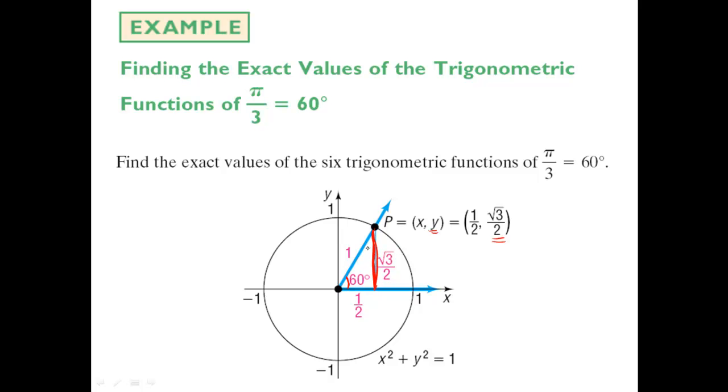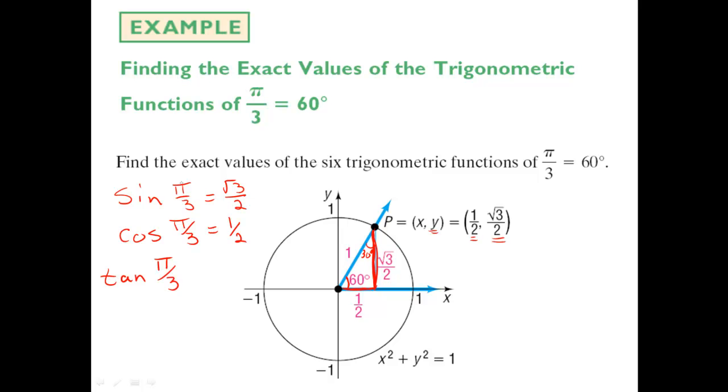And then the short side is across from the 30 degree angle, and so that's going to make the horizontal side here 1/2, and that's my x value. So going through what I've gone through before, the sine is the y value. So the sine of 60 degrees, or pi over 3 radians, is equal to the square root of 3 over 2. Cosine is x. So the cosine of pi over 3 radians, or 60 degrees, is 1/2.